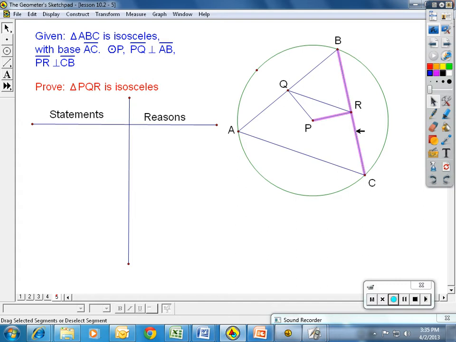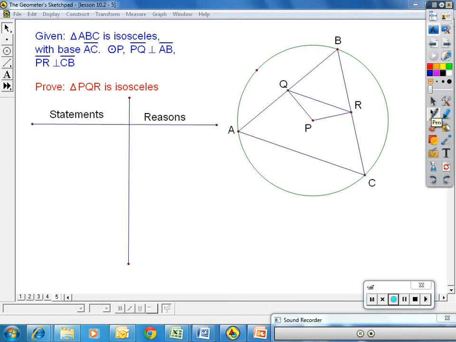Okay. Well, what should we be thinking? If I'm thinking that this is perpendicular, then what I have found is the distance. PR represents the distance from P to BC, and PQ represents the distance that P is from AB. That's what I should be thinking with that comment. Alright, so let's go to this.